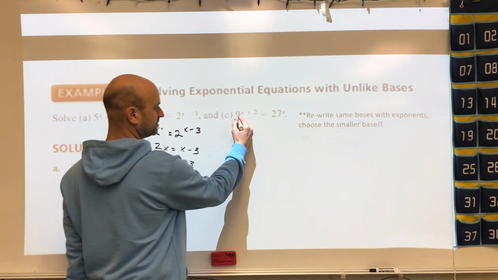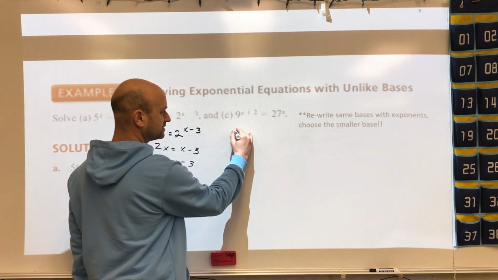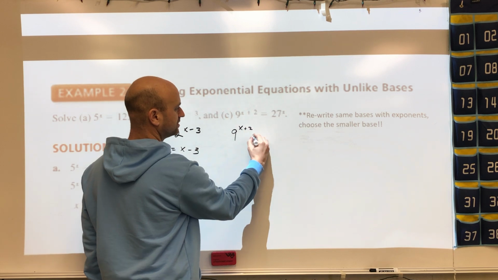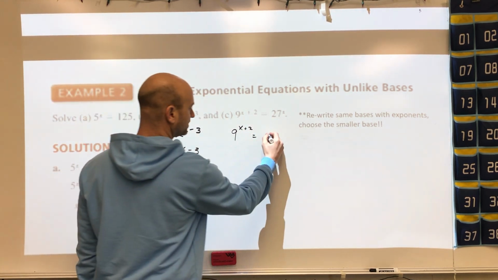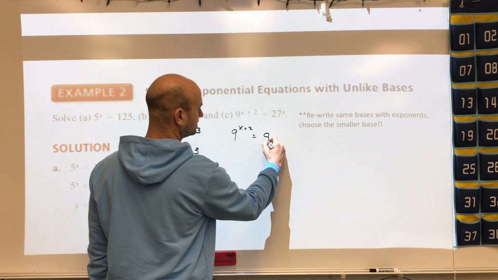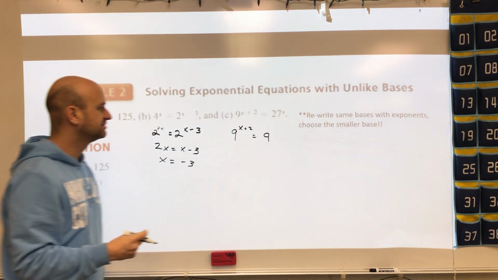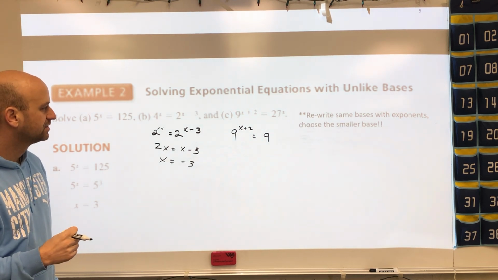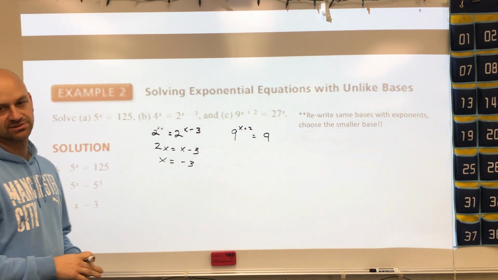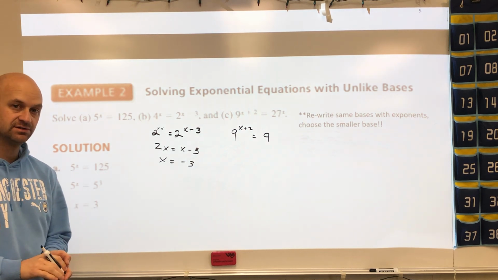Again, we take the smaller base. So the smaller base is 9. So this stays the same. This number we need to write as a base of 9. So what is 9 to the 27th power? Right, 9 to the 27th power. Well, that one's a little bit tricky because we can't do it, right?